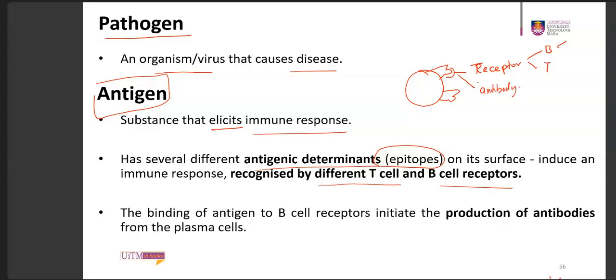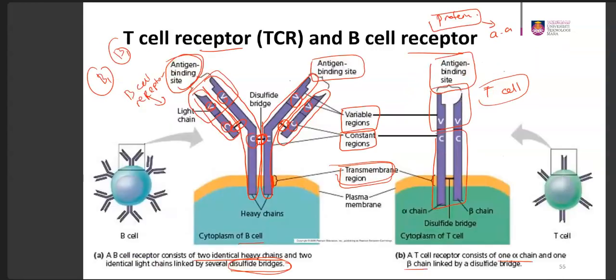Write here. Okay, so the receptor of B cell will have the same shape as the antibody. So it means the antigen binding site of the B cell receptor and also the antibody is the same. Except that the antibody has no transmembrane region, because the antibody is secreted into your body fluid. So the antibody is lacking the transmembrane region.